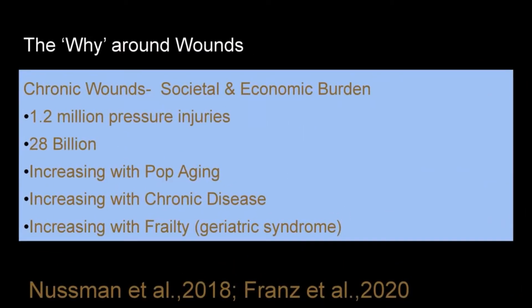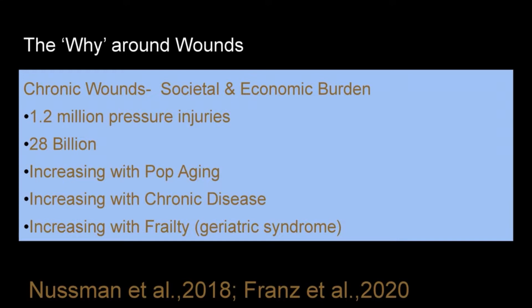So let's start by talking about the why around wounds. Chronic wounds are a societal and an economic burden. We now know that there are more than 1.2 million pressure injuries. The expense exceeds 28 billion, and this is only increasing with population aging, chronic disease, and also frailty.